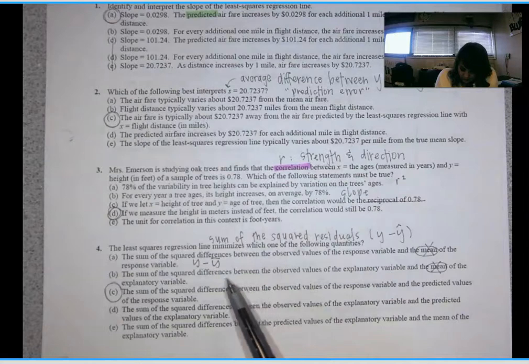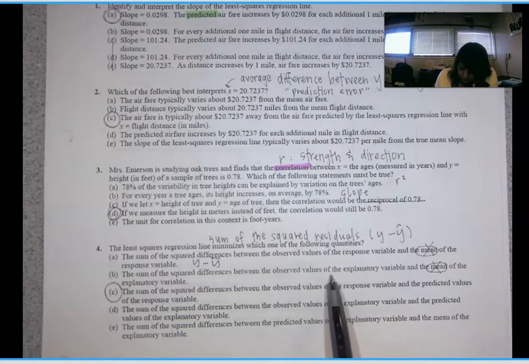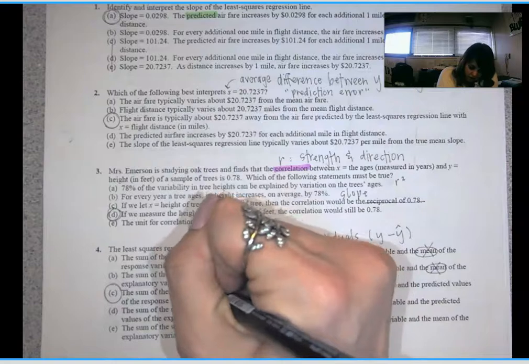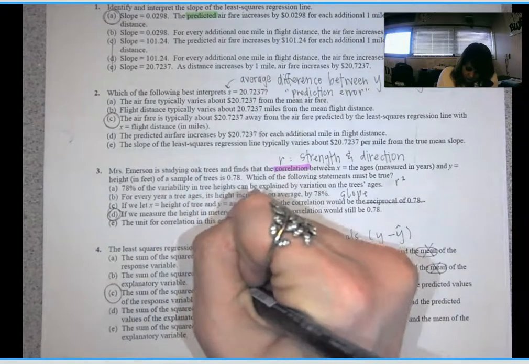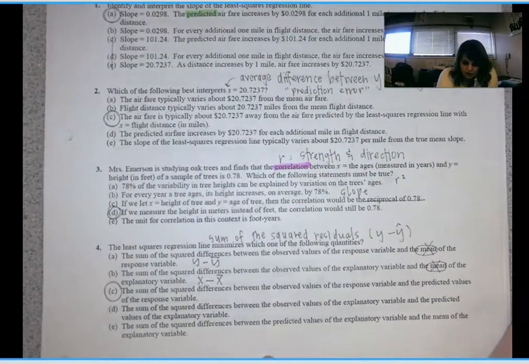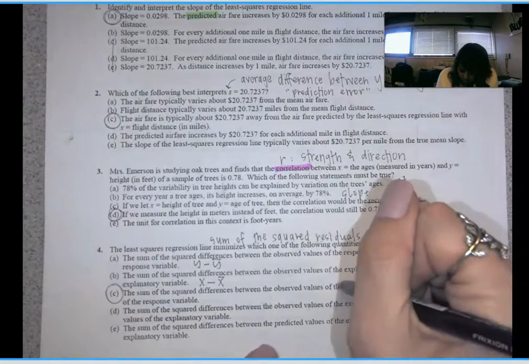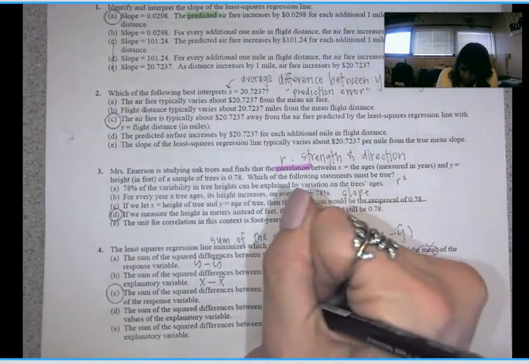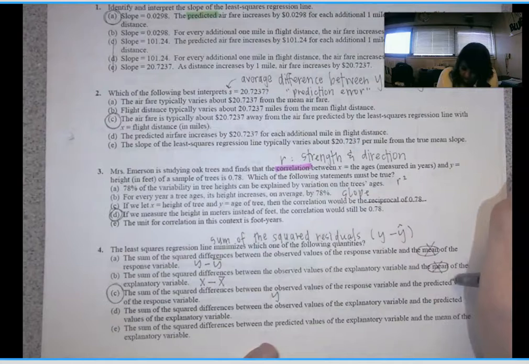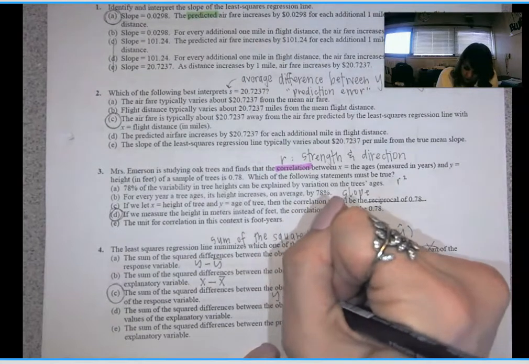This one is the difference between the observed values of X and the mean of X. So this is X minus X bar, so that's definitely not true. The difference between the observed values of the response, that's Y, and the predicted value of the response, that's y hat.